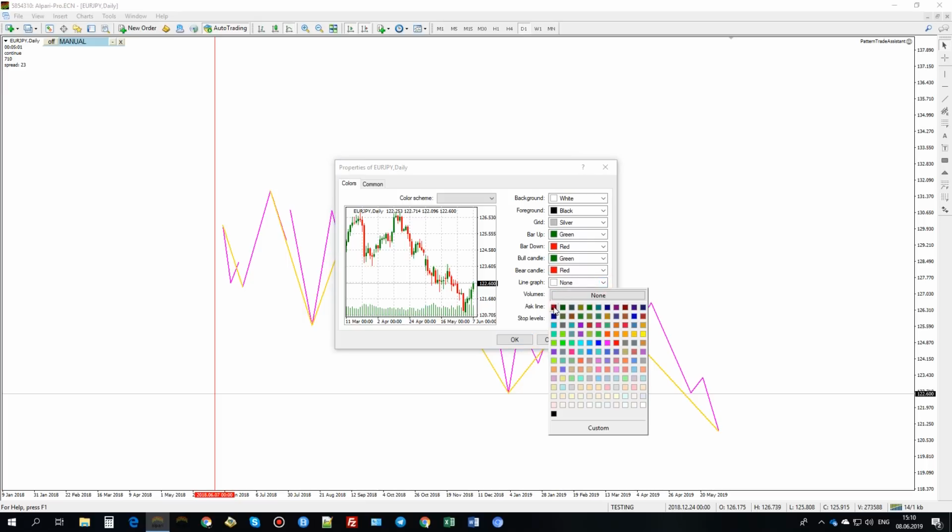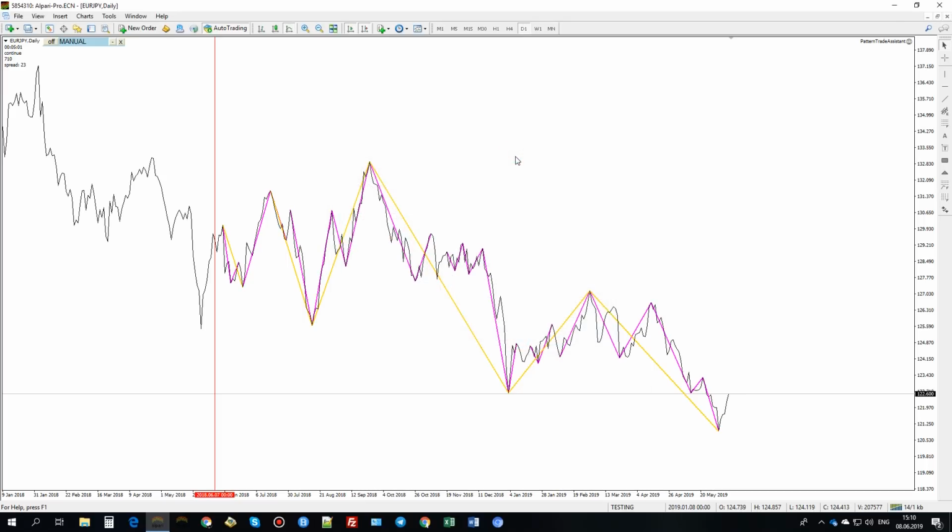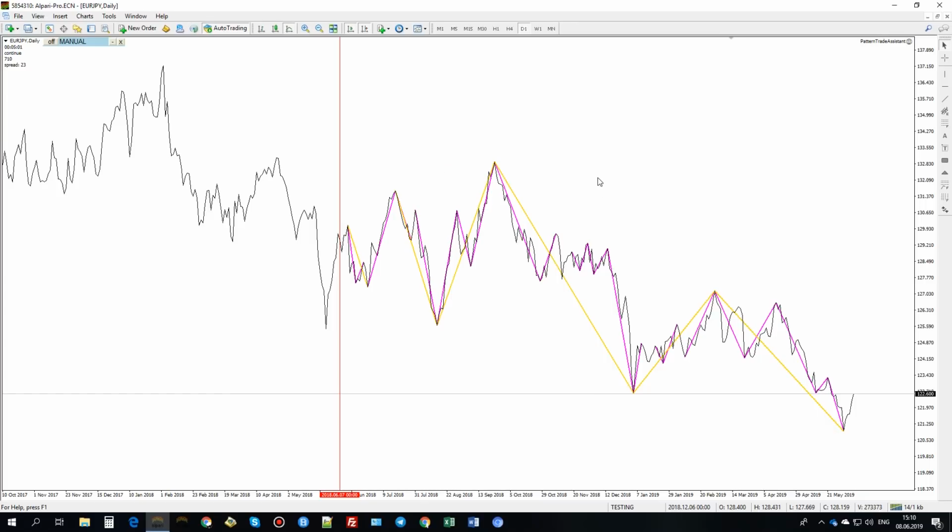Now let me make price visible again, so the total picture looks this way. As you might have guessed already, your key reversal points are the reversal points of primary swings. So you should ignore all those other swings.